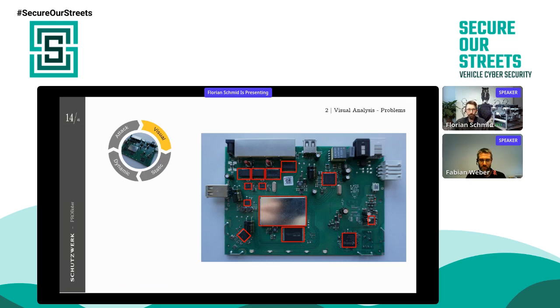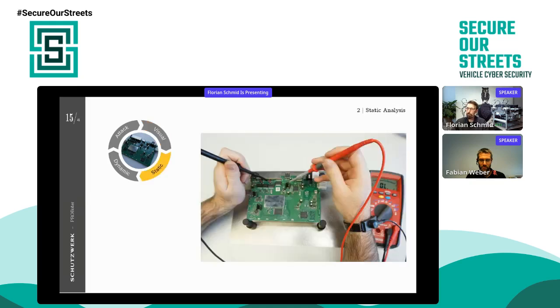The next step is the static analysis, where you use a continuity tester to check for all those more interesting components to see how those components are connected to each other, by which pins, and which communication pins are also led out to each other.